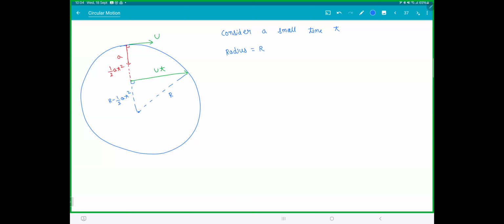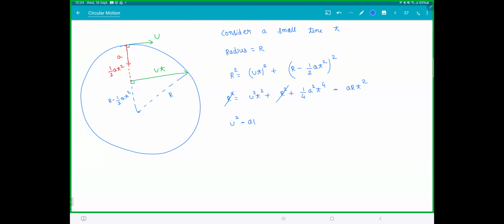Using the Pythagoras theorem, we get r square will be equal to (ut) square plus (r minus half at square) whole square. Expand this. r square equals u square t square plus r square plus 1 by 4 a square t power 4 minus a r t square. r square goes off, one t square also goes off.